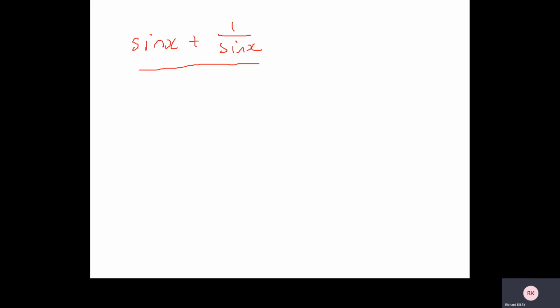Actually, yeah. Let's do sin x minus 1 over sin x. Let's see what happens if we do that. Actually, no, I'm going to slightly change it. This might be a nice question. Let's do sin x plus 1 over sin x over 1 minus 1 over sin x.